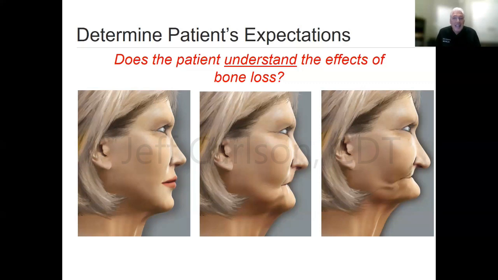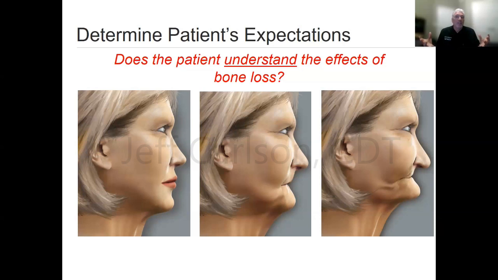Implants have a nickname. Implants are also nicknamed bone maintainers. So if you did nothing more for a patient than if you edentulated them and put in, say, 5, 6 implants, never restored them, their alveolar ridge would maintain that height, because the body doesn't recognize the implants as a foreign object.